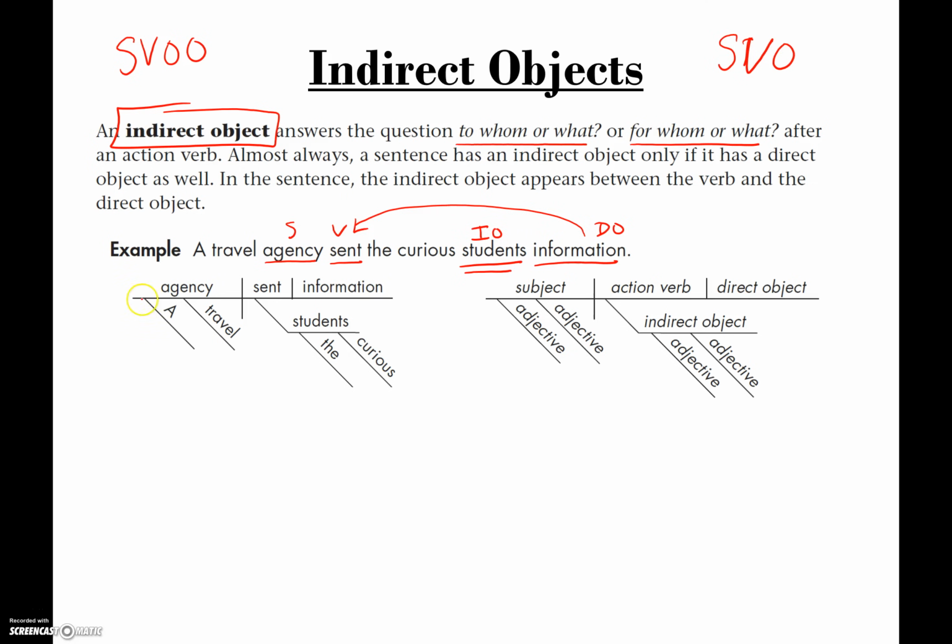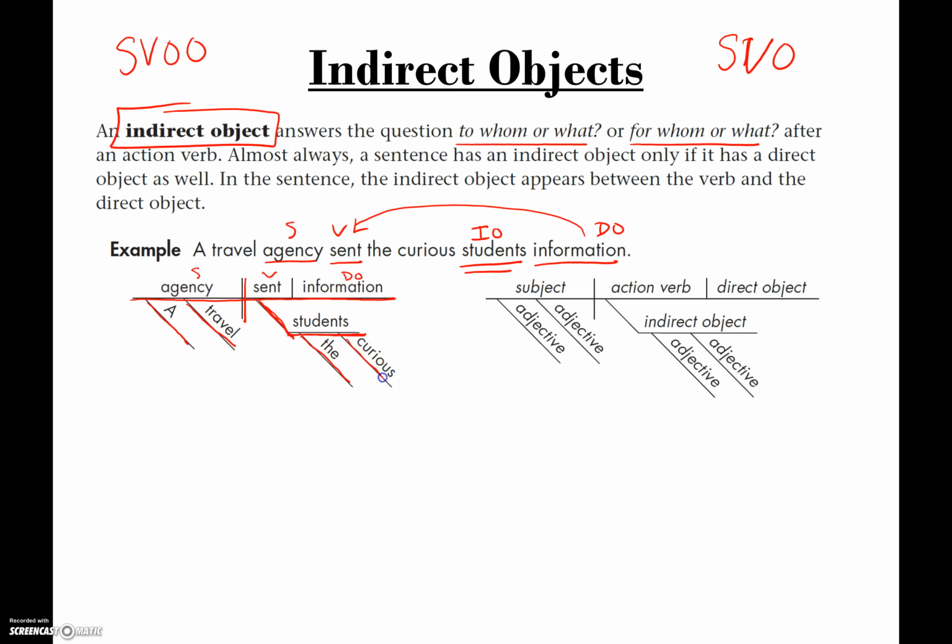Now when we diagram this, agency sent information, that's our subject, verb, and direct object. The indirect object is going to go underneath of the verb. And notice how this is diagrammed. You're going to have a diagonal line that's parallel with any adjectives or adverbs that you have. We have two adjectives here. And then from that parallel diagonal, you're going to extend a horizontal line to the right and write the indirect object on it.